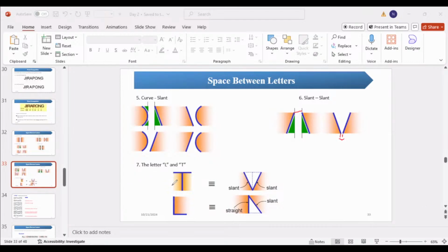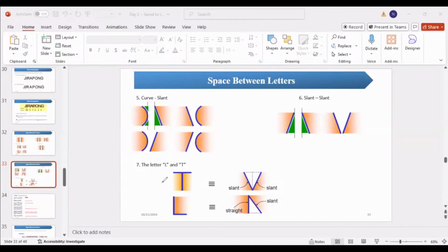Then the letters L and T. Normally L and T should have space like this. For the T, take the middle part of the space. And for the L, it is something like a triangle, like this.